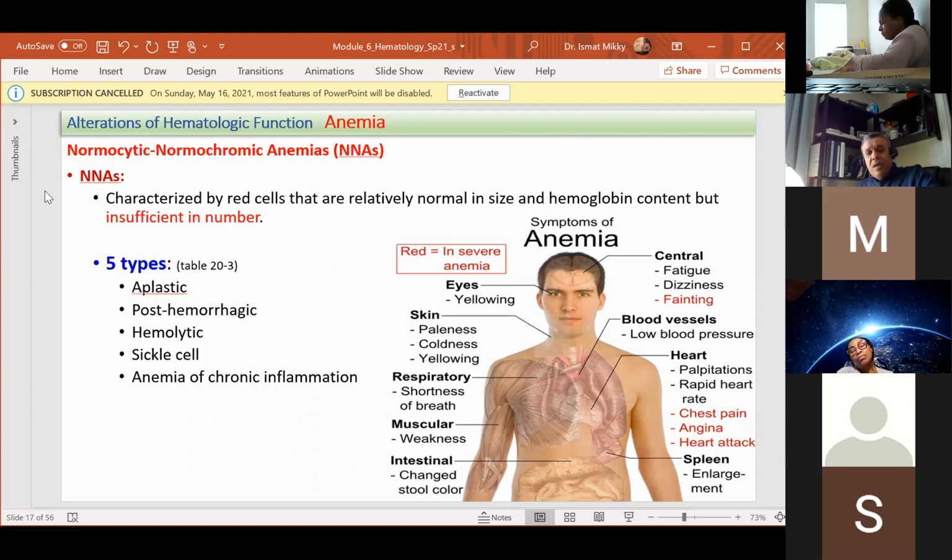There are 5 different types or subclassifications of the normochromic, normocytic anemia: aplastic anemia, post-hemorrhagic, hemolytic, sickle cell anemia, or anemia of chronic inflammation.